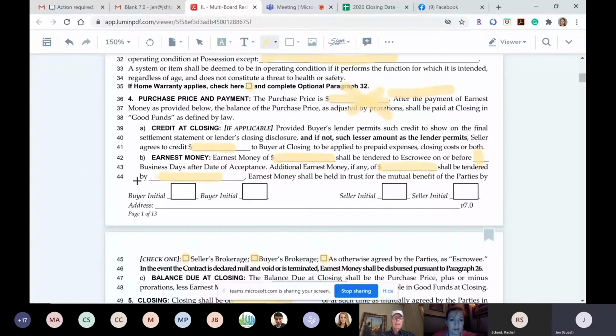Have you seen that written, within 2 days of AI? AI meaning attorney and inspection period. We're going to go over that later in the contract.